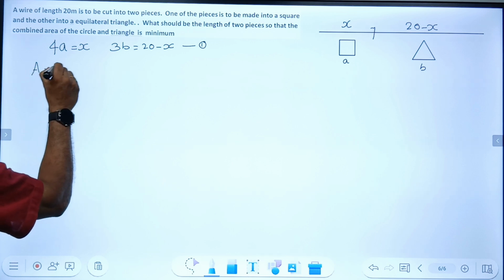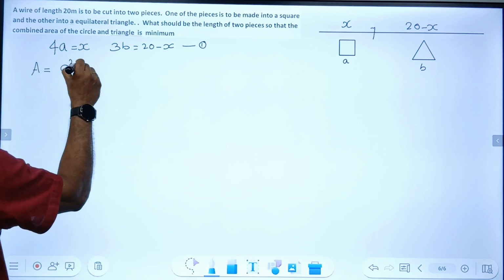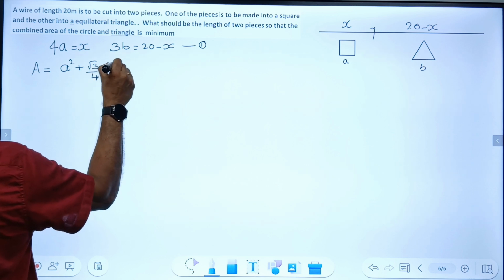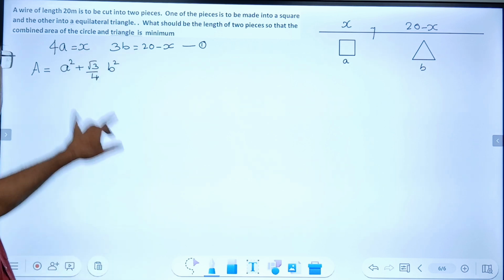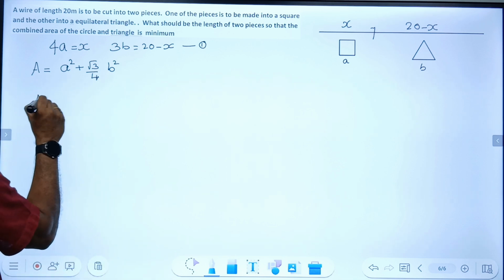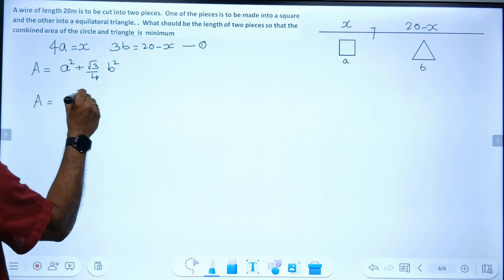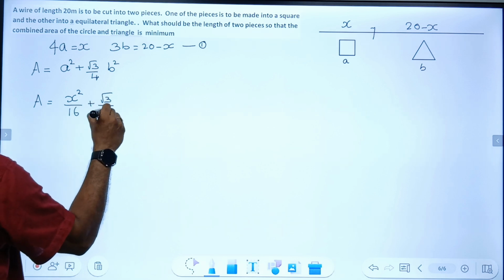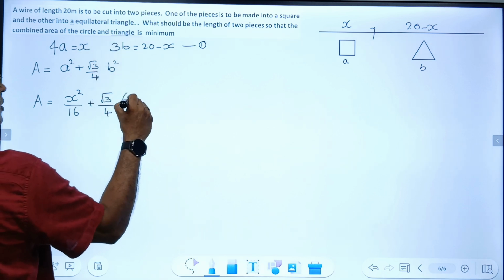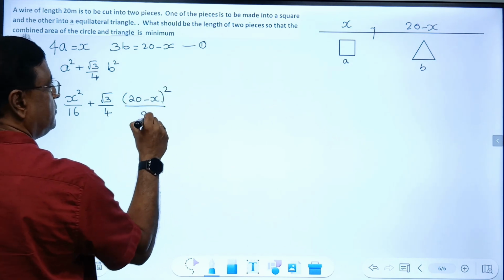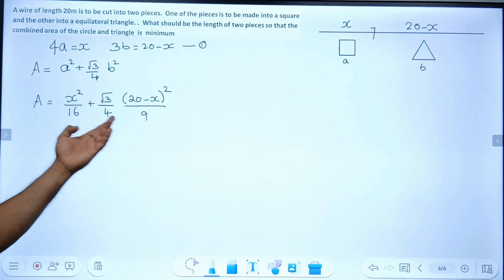Area of the square is A square and area of the triangle is root 3 by 4 B square. Now I want to, these are two variables, change it to a single variable. So it will be X square by 16 plus root 3 by 4. My B will be what? 20 minus X the whole square by 9. Now this is one variable.